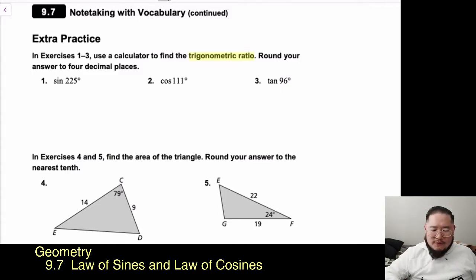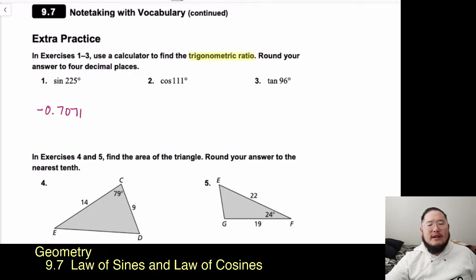This is pretty straightforward. You're going to put into your calculator sine 225. Make sure you have it in degrees. Your answer should be negative 0.7071. All you're doing is plugging that into your calculator. Practice cosine 111, you should end up with negative 0.3584.